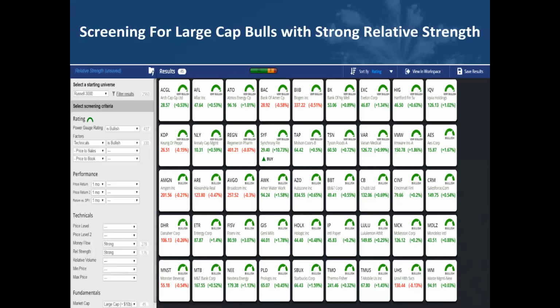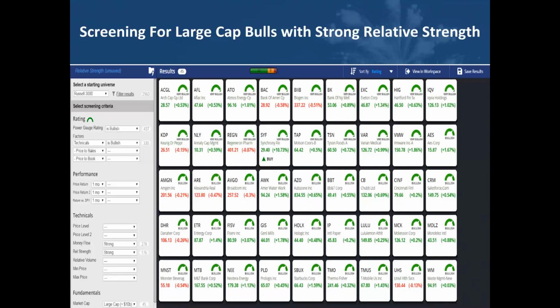This is a screen that I actually run constantly. You can see here, it's called the relative strength screen because relative strength is that important. This is one of my go-to screens when looking for ideas for names that are likely to lead as the market stabilizes and when it eventually begins to trend higher again. And really in 4 clicks of the mouse, I can take 3,000 stocks down to 176 stocks that meet my criteria.